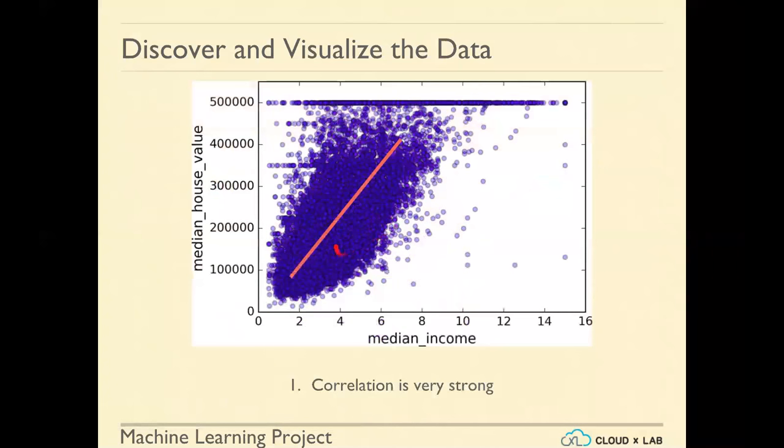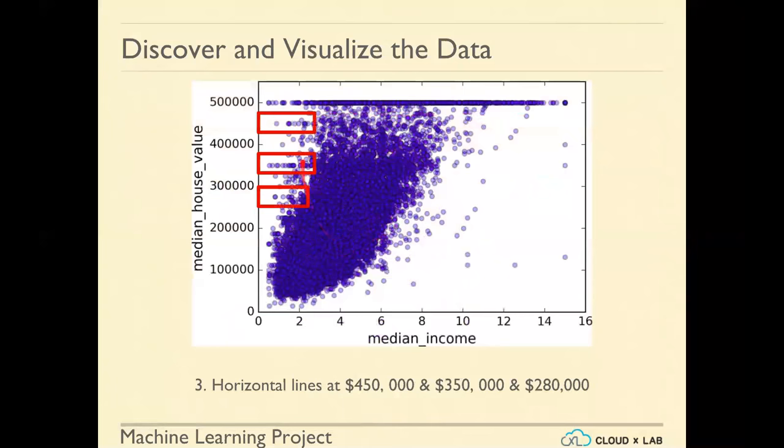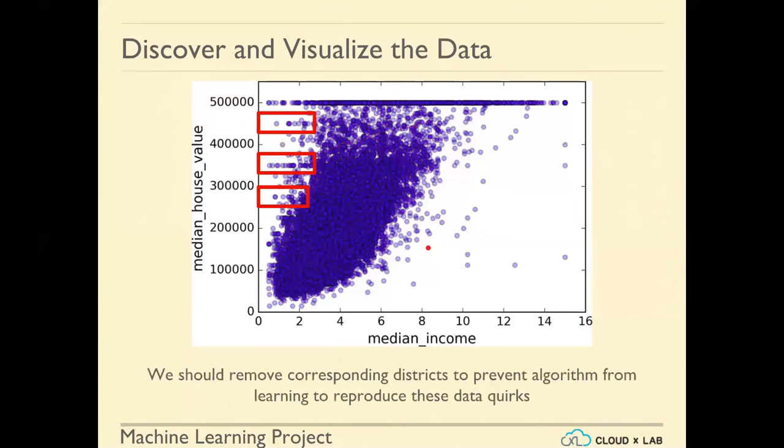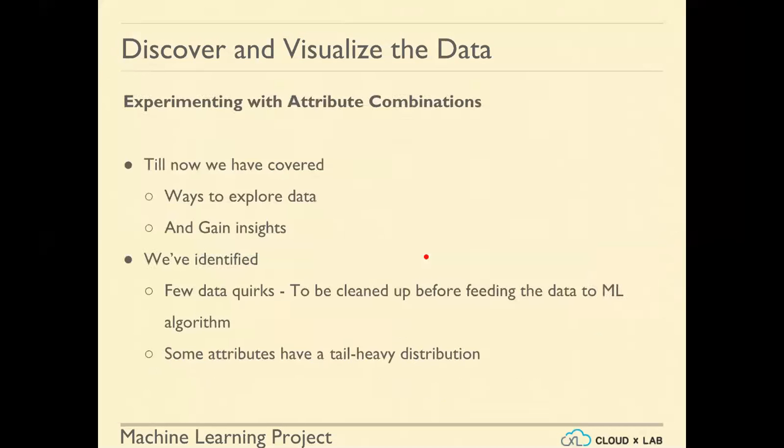The value is capped. Again, median house value, you can see it's capped, as well as there are these quirks which we'll have to go remove. So that's an additional optimization step. We don't generally need to do these things.